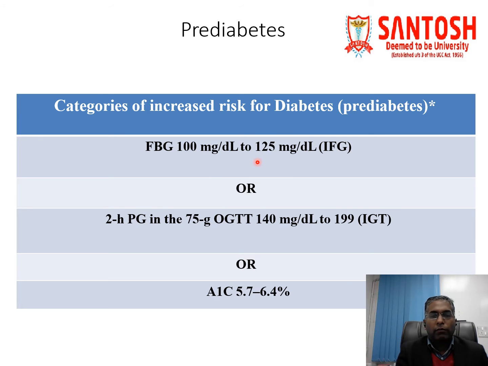It can be defined as fasting blood glucose level between 100 to 125 milligram percent, or 2 hour postprandial glucose on 75 gram OGTT. If the values are 140 to 199, then the patient can be labeled as prediabetes, or if glycated HbA1c is in the range of 5.7 to 6.4, then we can say the patient is suffering from prediabetes, which poses them to develop frank diabetes mellitus in later life.